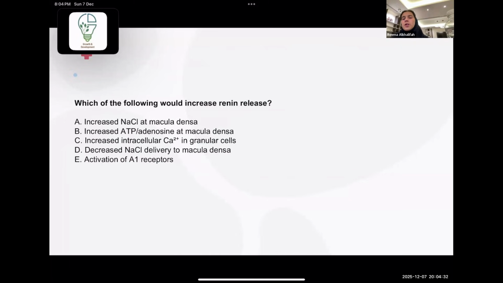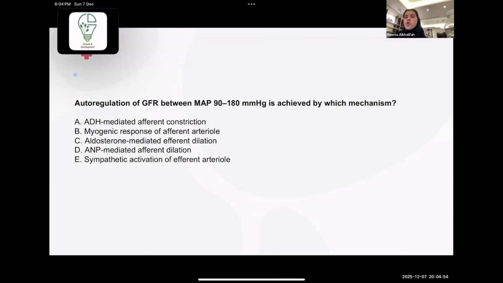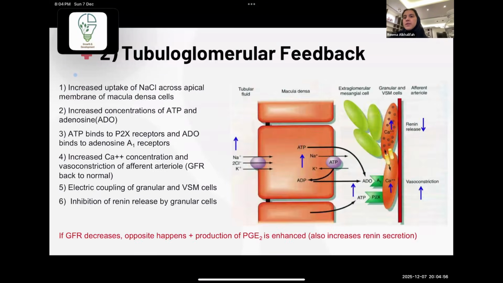And finally, which of the following would increase renin release? No, A is incorrect. The correct answer is D. I'll tell you why. Now, if we go back to the tubuloglomerular feedback, if there is an increase in sodium chloride levels, it's going to help decrease renin because this reflects the high GFR.